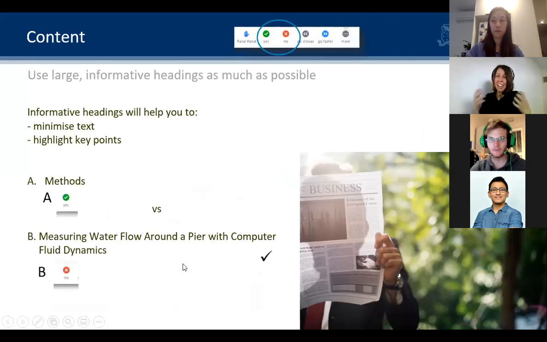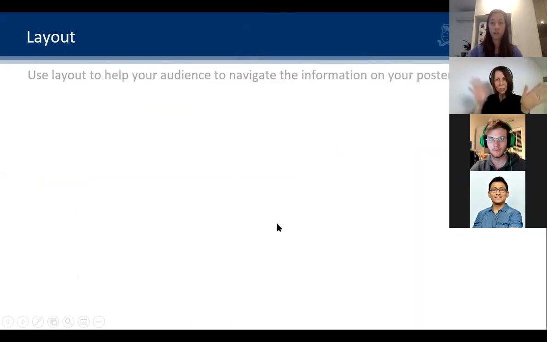Personally, I'd get more out of option B, measuring water flow around a pier with computer fluid dynamics, because then I'd actually understand what's going on, and it's going to save you words in that particular section itself. So you're getting a double advantage there. Not only are you giving your reader the answer straight up, but it also means you don't have to repeat yourself later in the content. So just something to think about. You can still use the IMRaD method if you want to, but you don't have to. There's other ways.